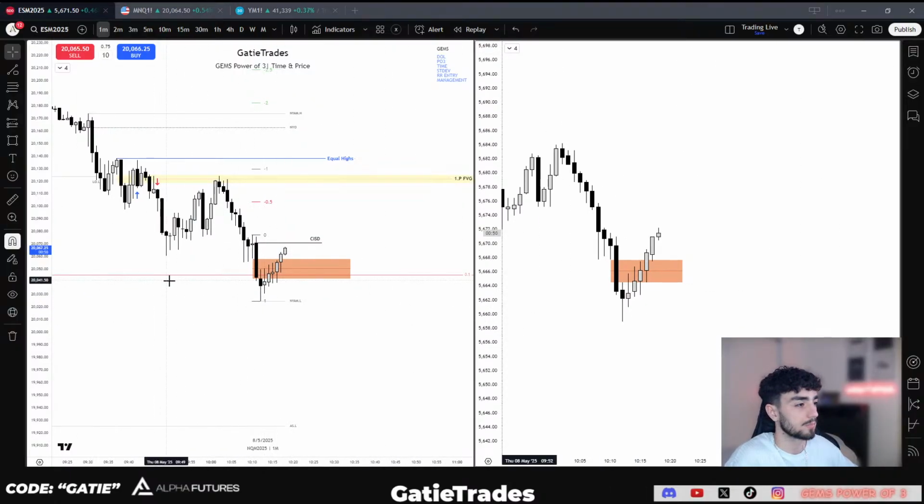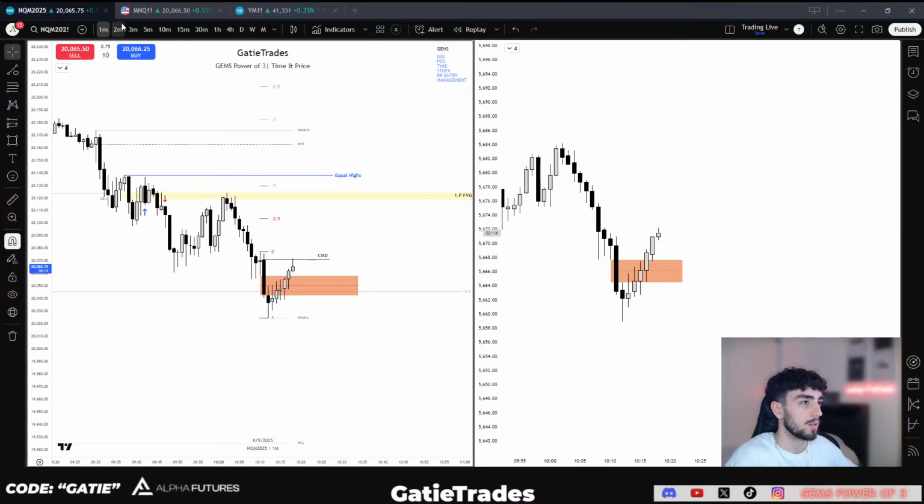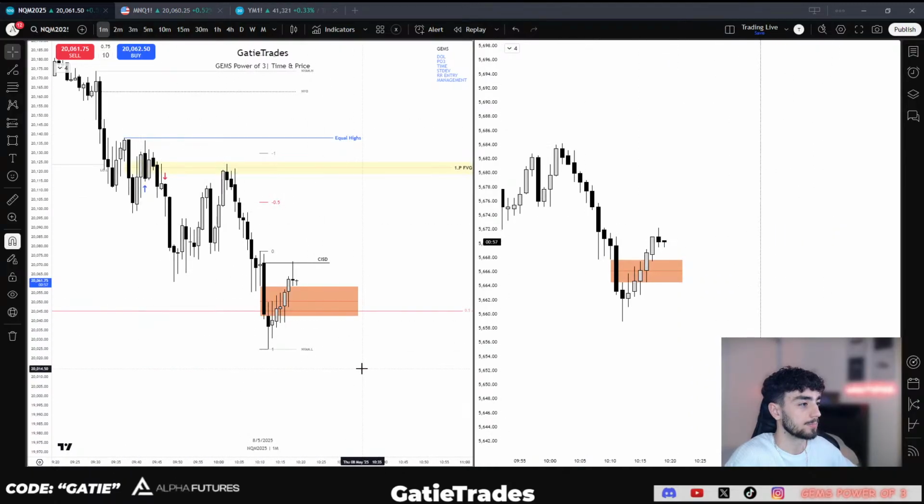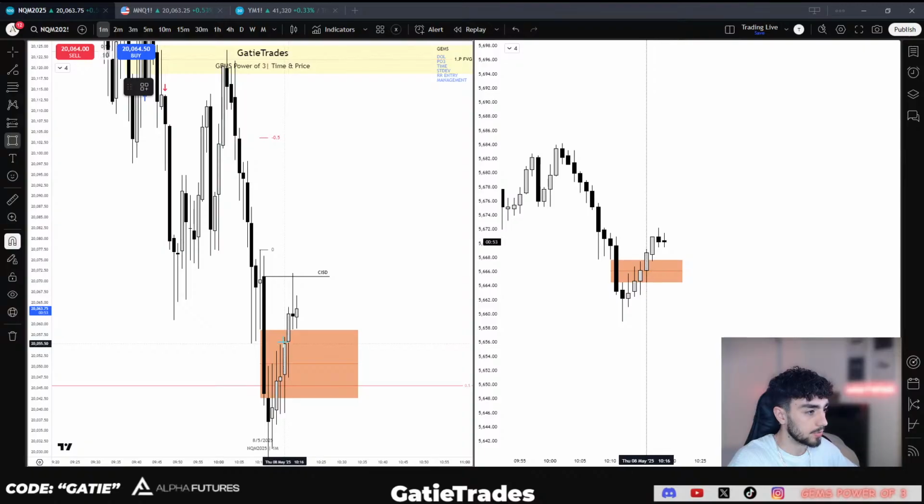World's slowest inversion, but nonetheless, an inversion. Like the worst CISD I've ever seen in my life, if it forms. Small bullish fair value gap right there.